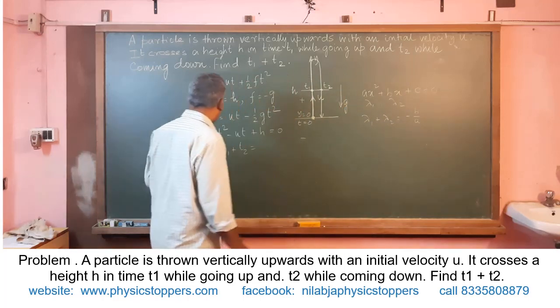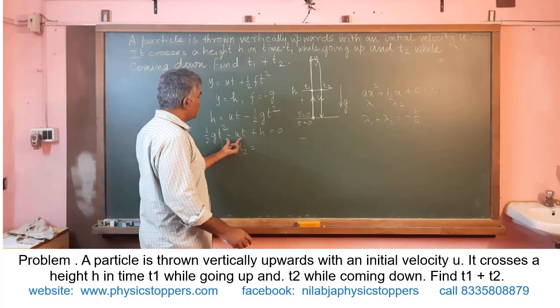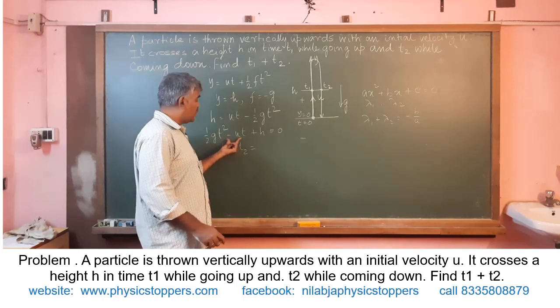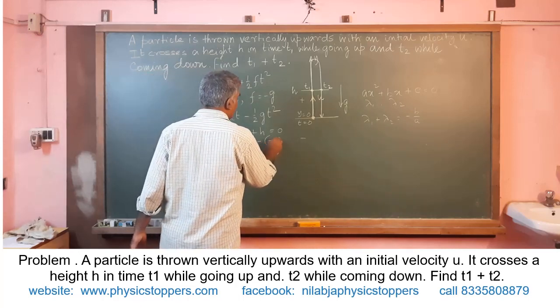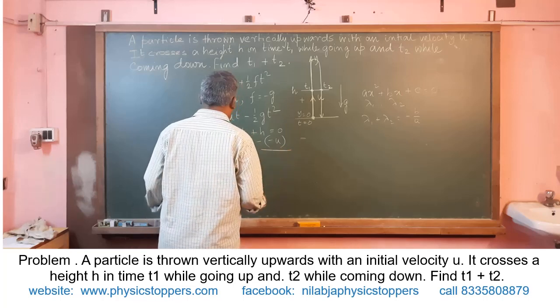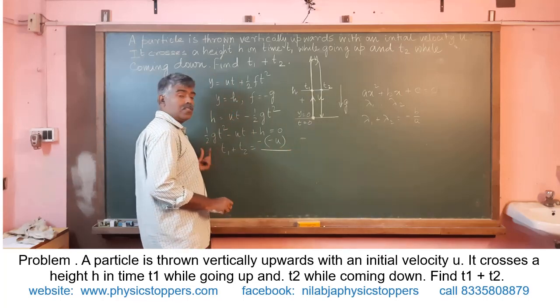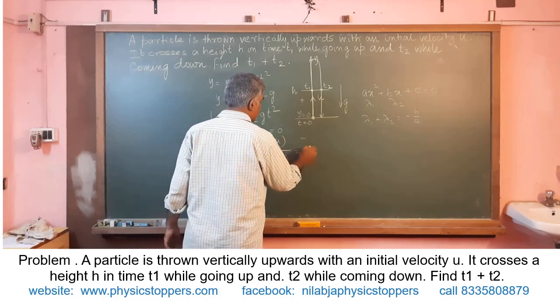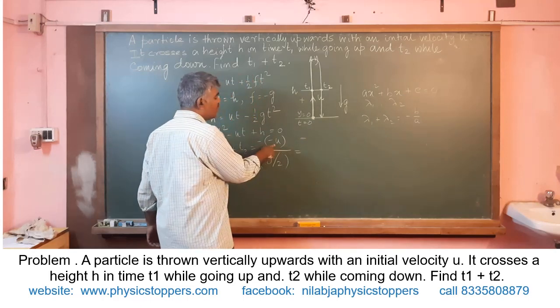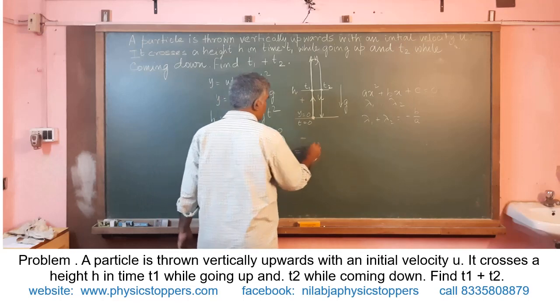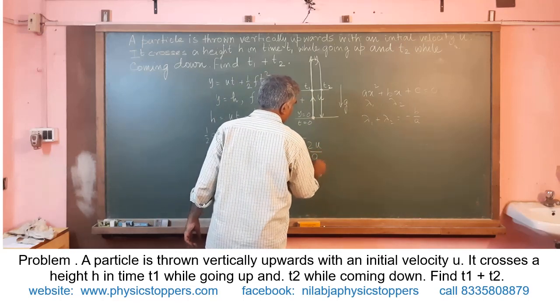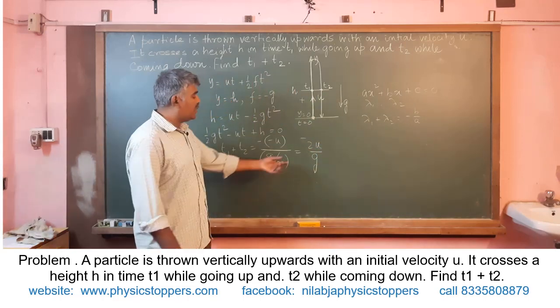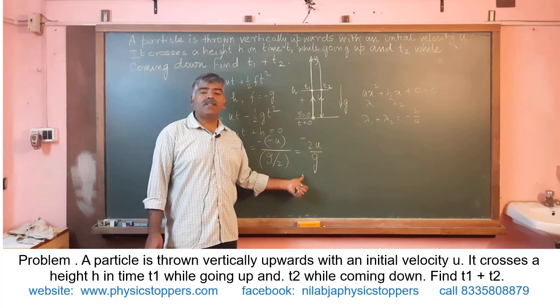So here identify b: b is minus u, so minus of minus u is u, and a is g by 2. So it's 2u by g. This is the sum of t1 plus t2.